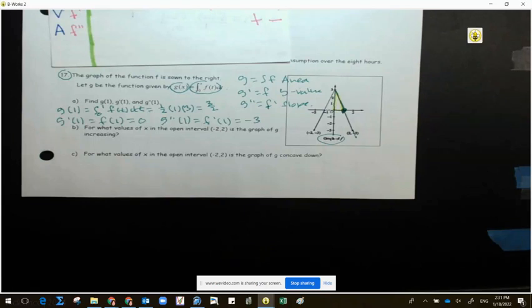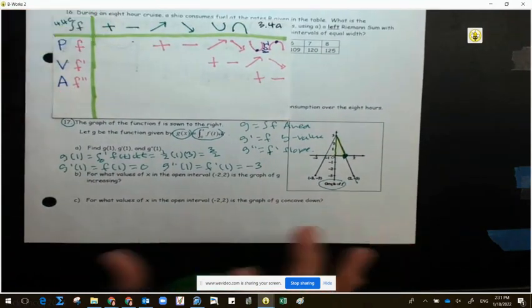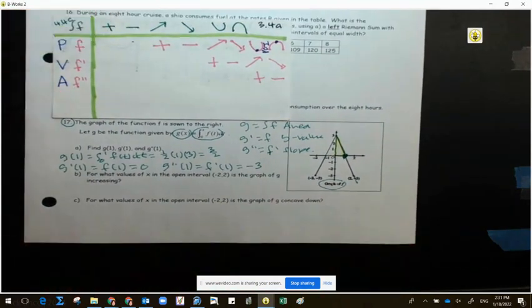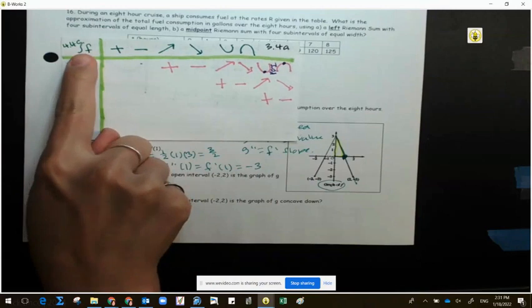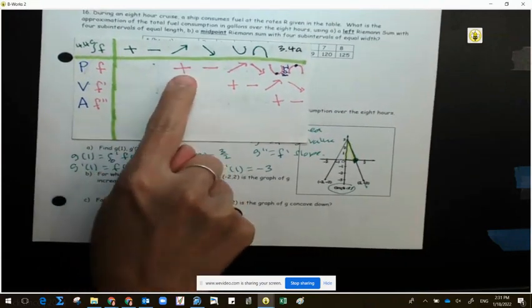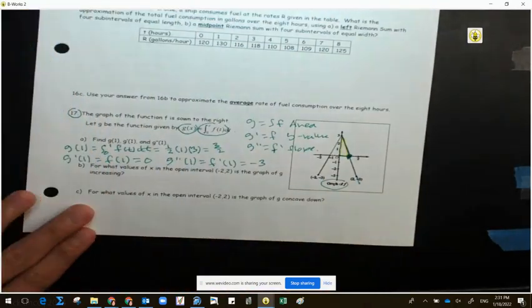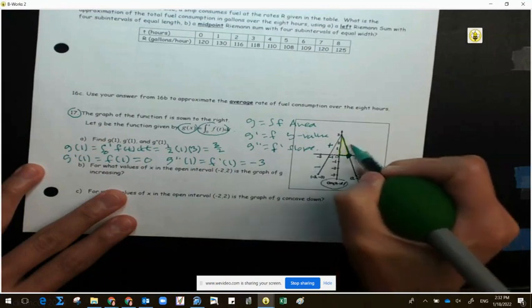Colin, let's read part B. For what values of x in the open interval from -2 to 2 does the graph of g increase? So the graph of g is the integral of f. If it is increasing, what do I know about f? It is positive. So I'm going to check where I have it positive. Above here is positive, below is negative.